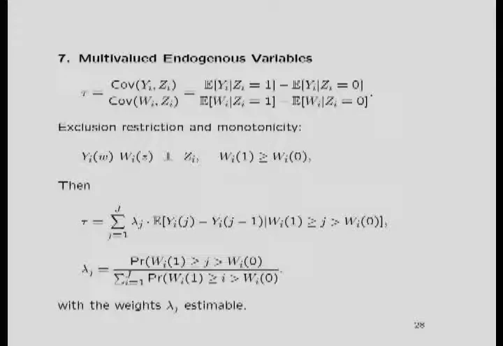The main result I want to discuss here is what the interpretation is in that case of the standard instrumental variables estimator. Making the same type of assumptions as before, that all the potential outcomes are independent of the instrument, and making a monotonicity type assumption that increasing the instrument may increase the level of the endogenous regressor, but doesn't decrease it.